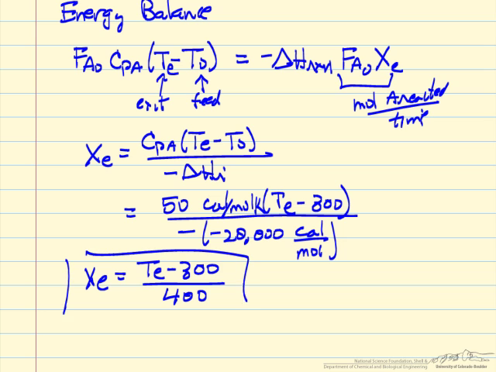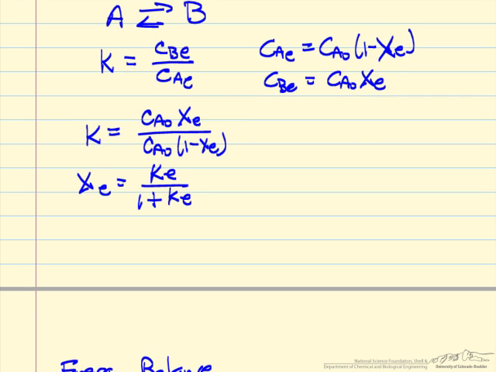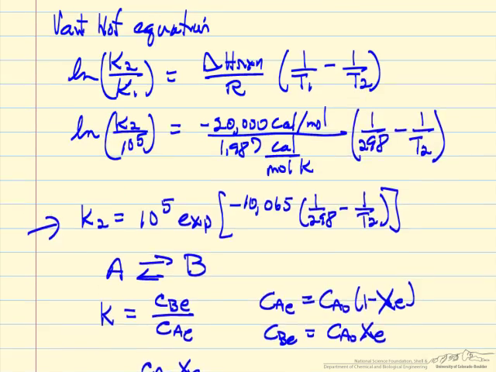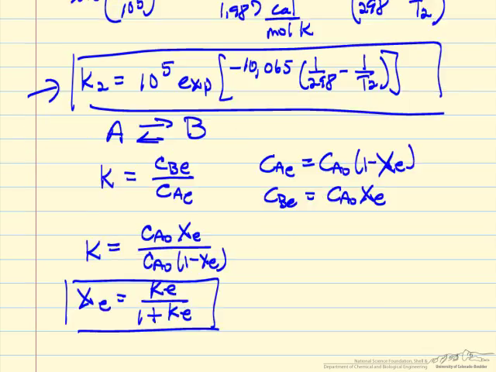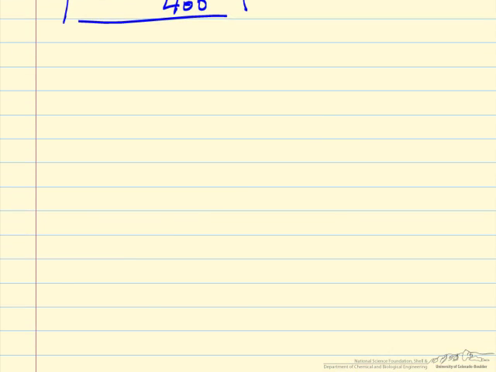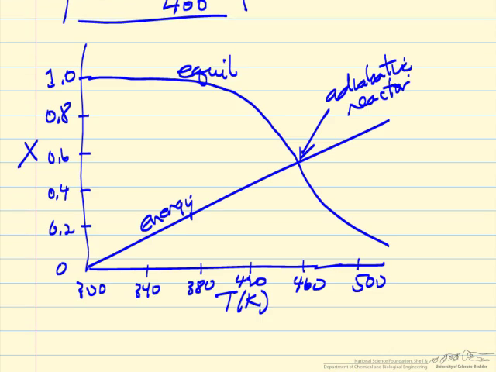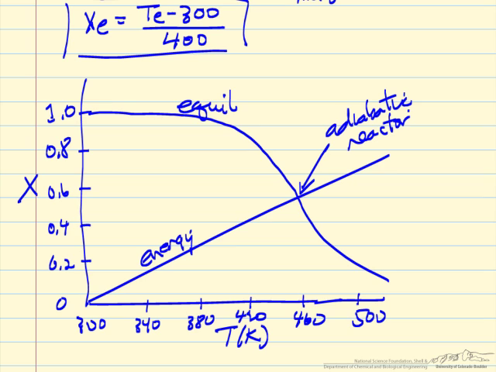So this equation combined with the equation where the equilibrium constant has this value is what I want to solve simultaneously. I've drawn here just a freehand plot. The energy balance is a straight line shown here, the relation between equilibrium conversion and temperature. And the equilibrium conversion as a function of temperature starts out at a value essentially 1 because the equilibrium constant is 10 to the 5th at low temperature.